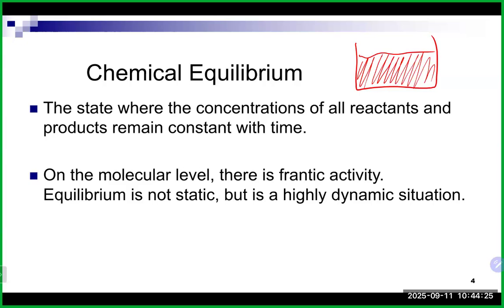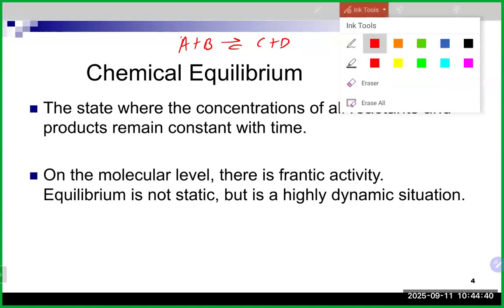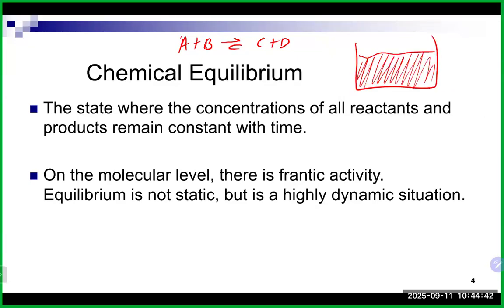And when you look at your beaker, it just looks like, hey, it's been red for an hour, right? Nothing much is happening in there. But because this is a reversible reaction, there is a lot of activity happening to keep it red. There's a lot of A plus B going over to C plus D and a lot of C plus D heading backwards to basically maintain where it's at.